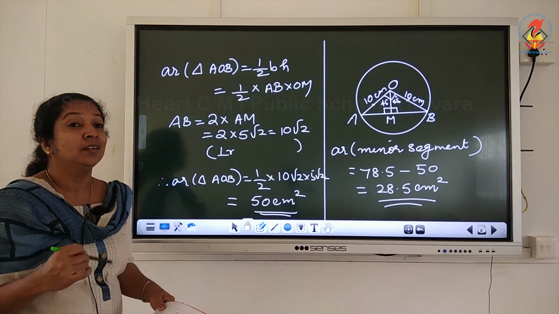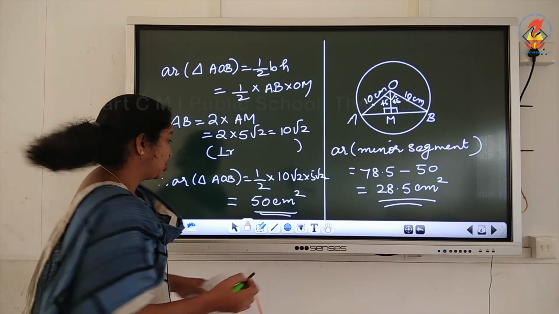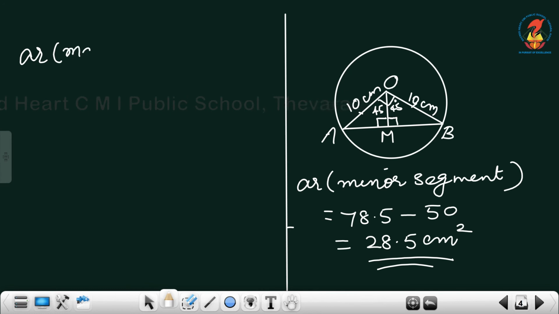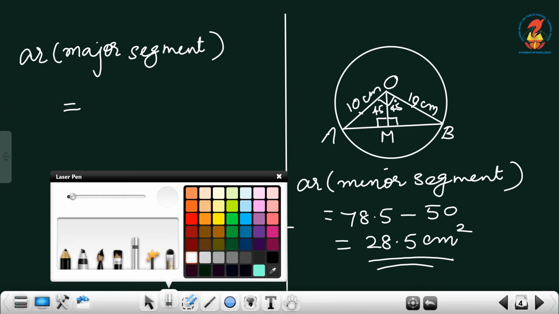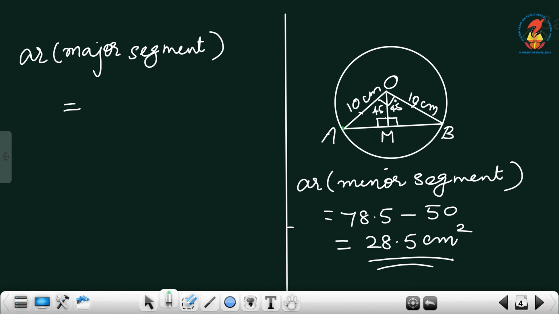What we need is, we need major segment also. Area of the major segment is equal to, how can you find the area of the major segment? Area of the major segment means you have to find up to this. We have to remove the minor segment from the area of the circle.